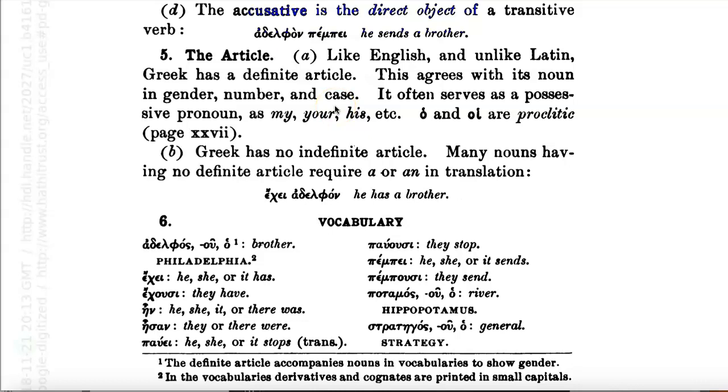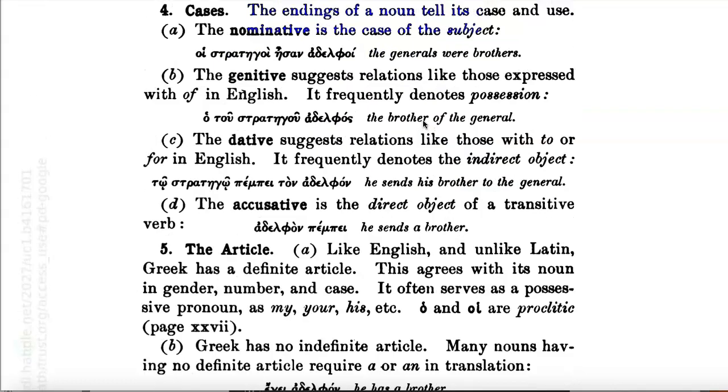We saw that with potamos. Every article had to change to match potamos in case and number. It often serves as a possessive pronoun as my, your, his, etc. So not only can it mean the, but it can also mean one of these type things, my, your, his, their, our.